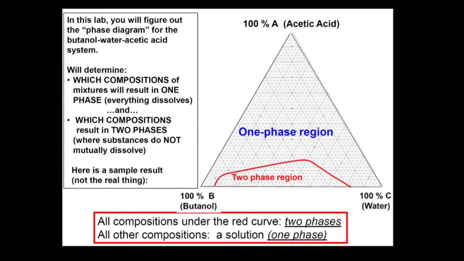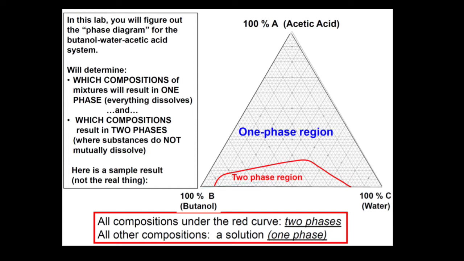And all compositions under that red curve there would lead to two phases. And all the other compositions would lead to a solution or one phase. Okay? And I'm just going to tell you something from the start, and that is, if you have a mixture that's like 50-50 butanol and water, so sort of halfway across that bottom line, you're right squarely in the middle of the two-phase region.